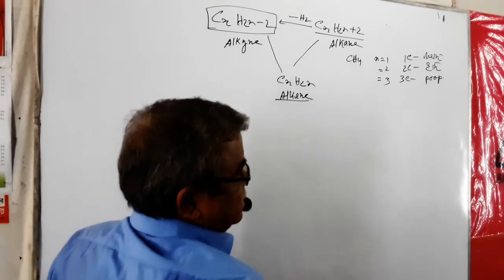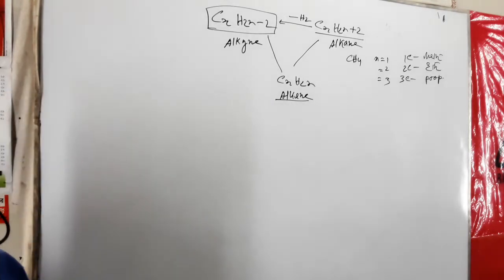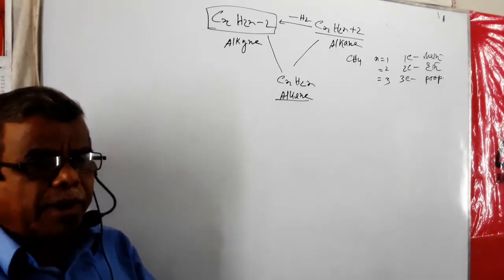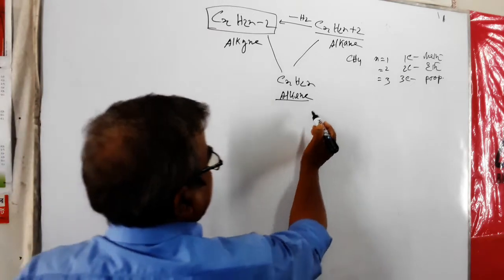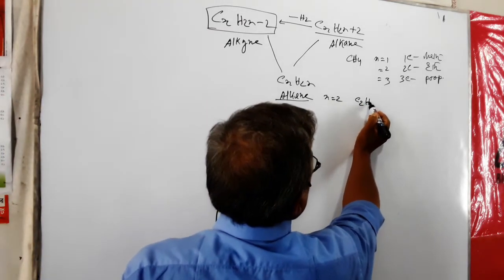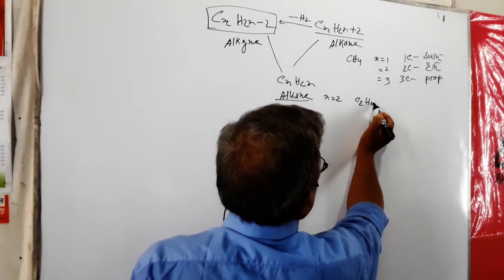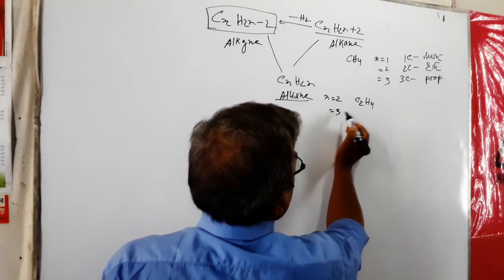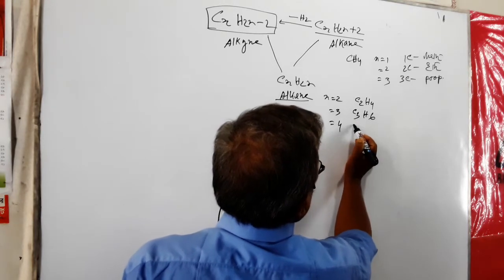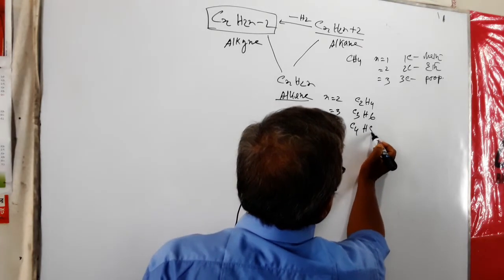Alkenes means that for n number of carbon there is double the number of hydrogen. For example, n=2, C2H4; n=3, C3H6; n=4, C4H8.